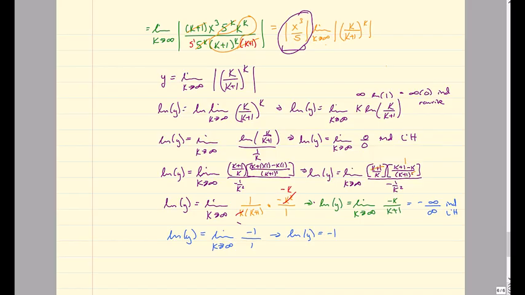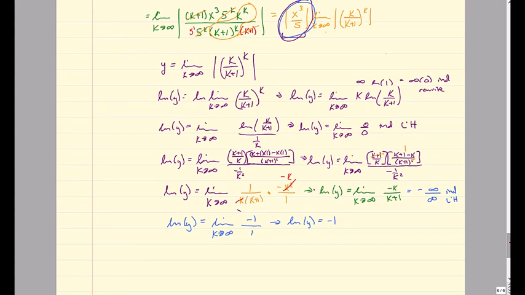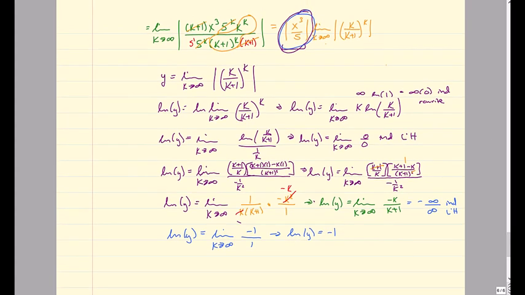Now I need to remember this x cubed over 5 up here at this point. As soon as I can figure out what y equals, I need to pop that up front, but I want to make sure you remember that it's there. Now remember, natural log of y is log base e of y. So I get log base e of y equals negative 1.